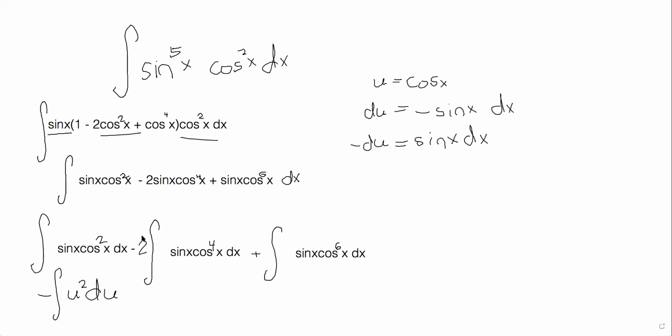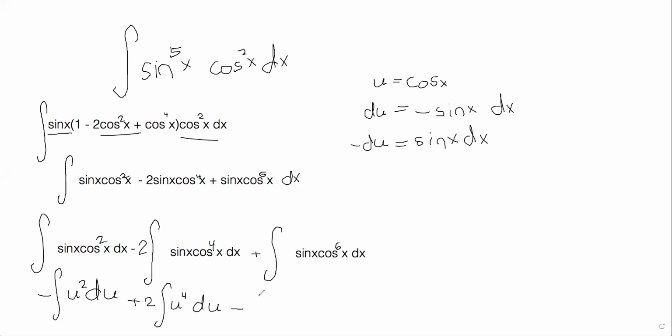Let's go through this together. So we have our first integral is going to be this. Second integral, we have a negative sign already there. We're going to apply this negative sign from the du. We're going to have a negative and another negative. It's going to turn into a plus 2 times the integral of u to the 4th power du. And then after that, we're going to have another minus sign because we have a minus from the du.